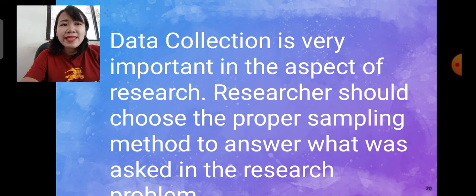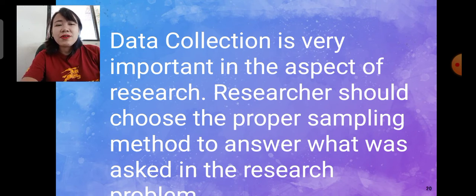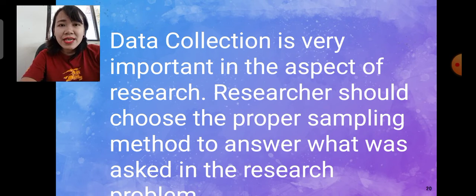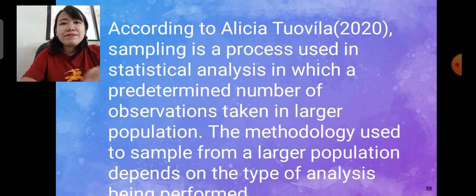Depende yung questions ninyo sa SOP ay magiging depende rin sa data collection or yung anong klaseng data collection ang gagamitin ninyo. Okay? Mahalaga to kasi hindi lang basta nagpa-survey kayo, okay na. Dapat meron kayong basis na tinatawag.